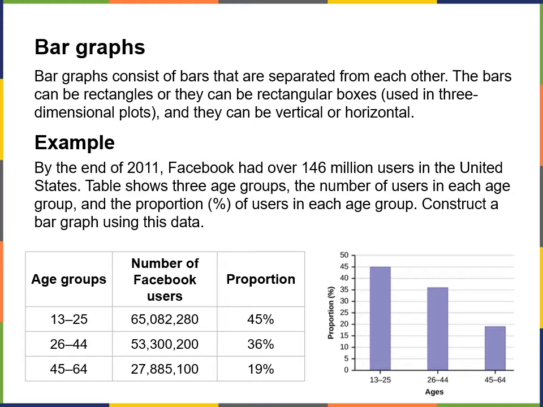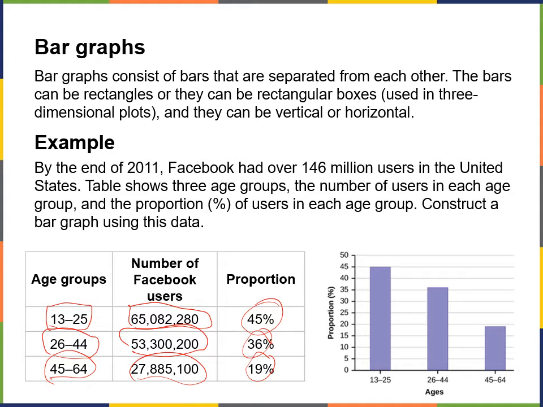This first one was age 13 to 25, with 65 million users, 26 to 44, 53. And then we could also look at it as a percentage, for thinking about relative frequency here. And then 45 to 64, 27 million.